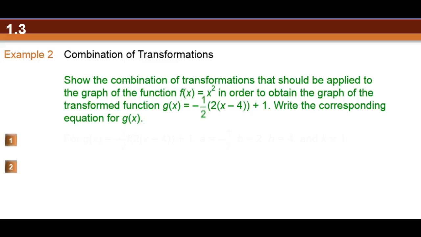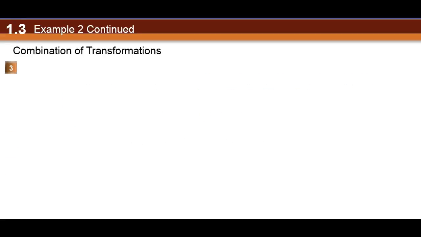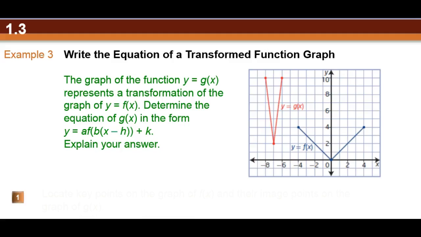And the last example is taking the graphs and making an equation from it. Okay, so we have the original, which is the blue graph, the wide one, and the new transformed graph is the red one.